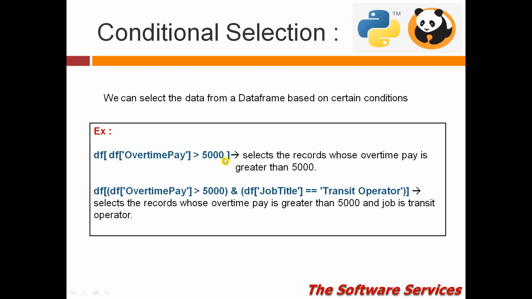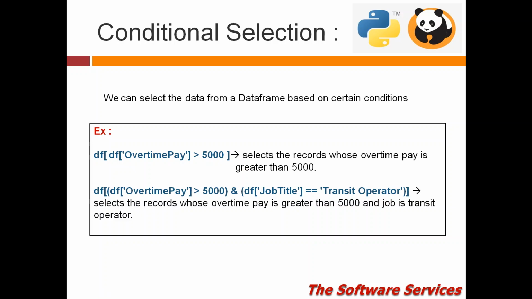When we execute this code, the boolean data type will result. If you make that boolean data a data frame, then all the matching records will come, friends. So let us see in the Jupyter notebook.